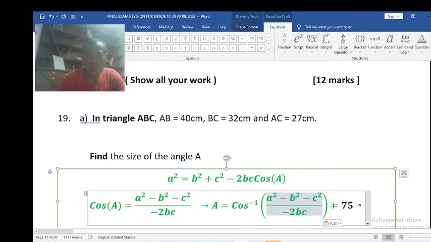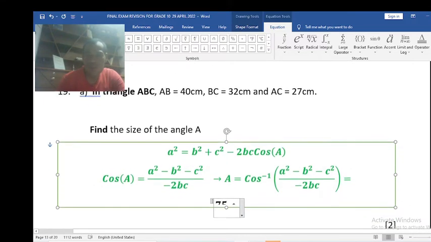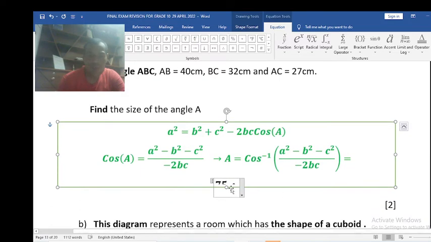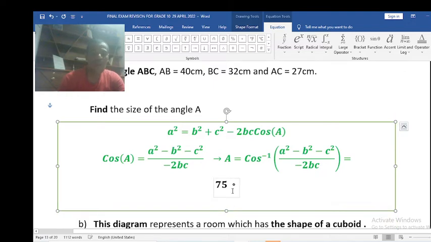So this is how you can figure out your formula so that you can find the value of A.